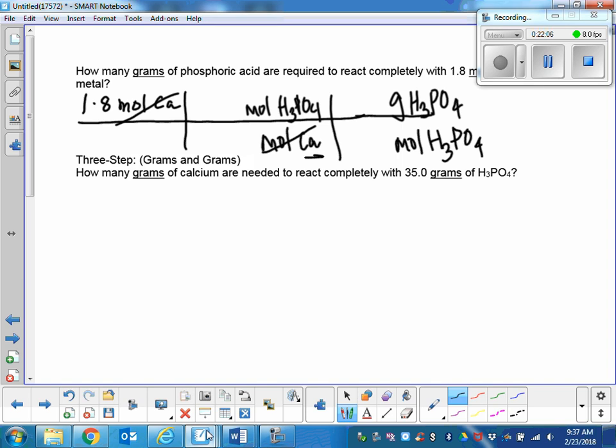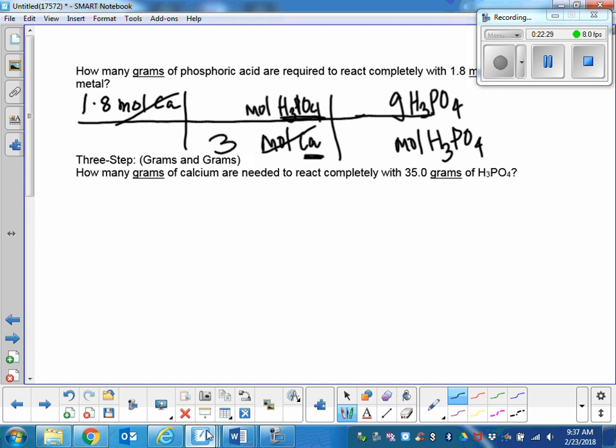Let's look: calcium is in the denominator, phosphoric acid is in the numerator. It's mole to mole. Where do I get my numbers from? Mole A to mole B. Where do I get my numbers from? So what is the number before calcium? 3.